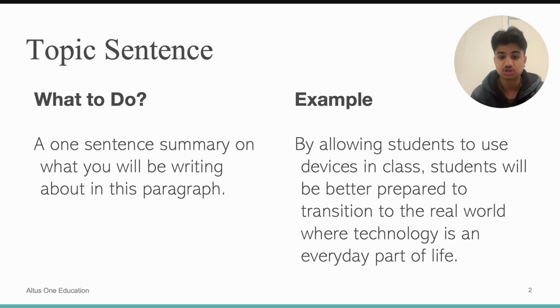And I say that students should be prepared for real world technology because it is an everyday part of life. And this basically links into my next 2 steps that we'll be going through now. But just to summarize, we're doing a 1-sentence summary, linking it to your overall point of view, and then explaining your argument, in this case being students will be better prepared to transition into the real world.